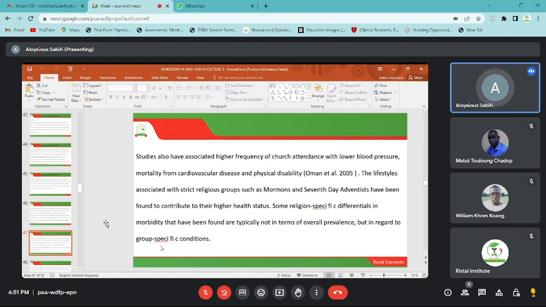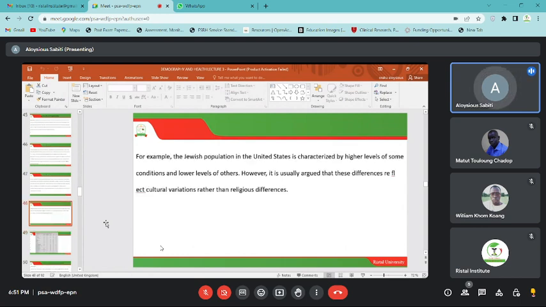For example, there are religions that do not allow the taking of alcohol, and in such religions, for individuals who follow them religiously, the chances of developing certain diseases attributed to lifestyle are reduced.